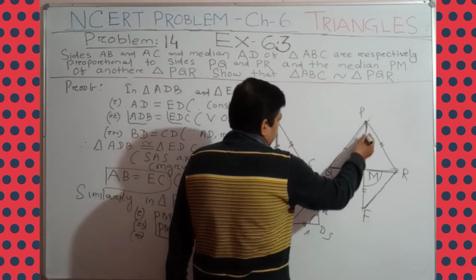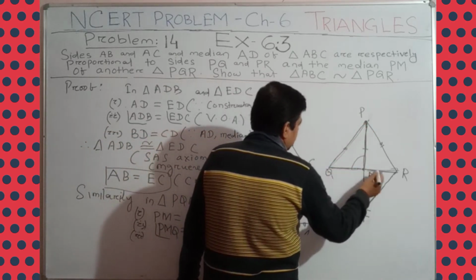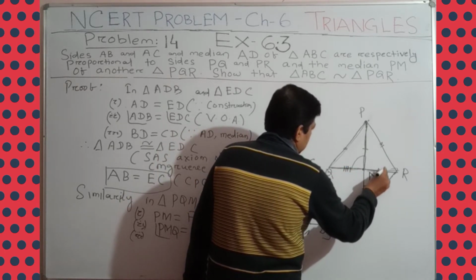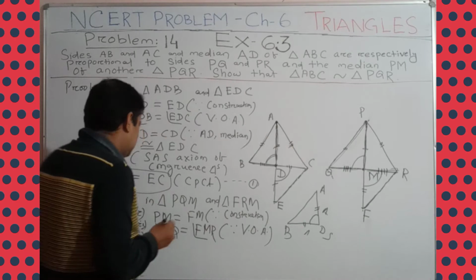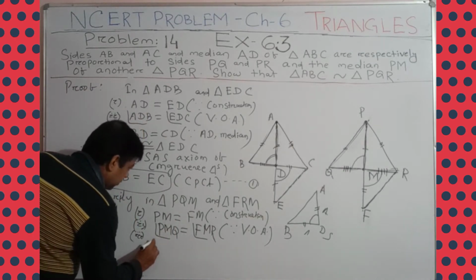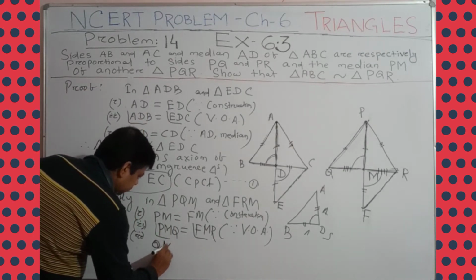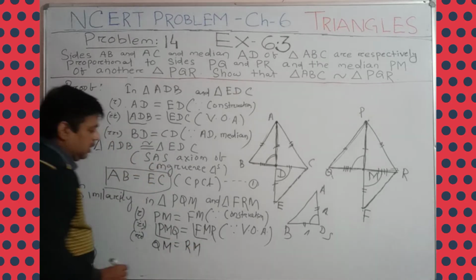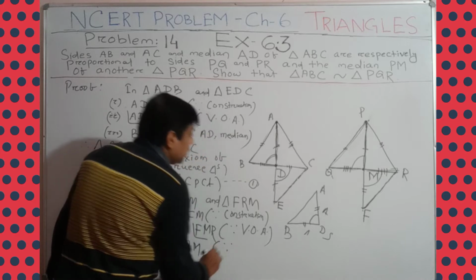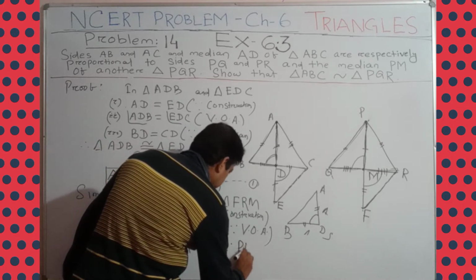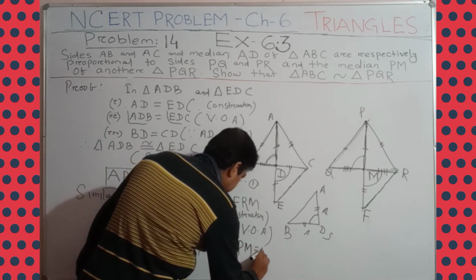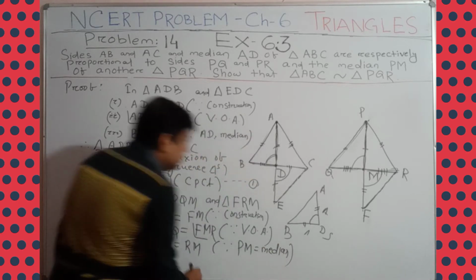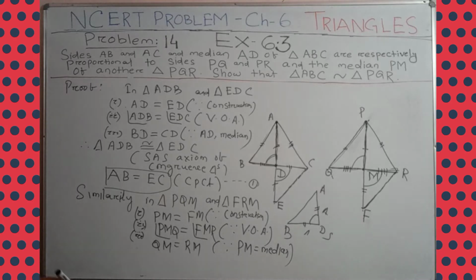Because PM is the median, M is the midpoint of QR, and as a result QM is equal to RM. Yes or no? Understand?